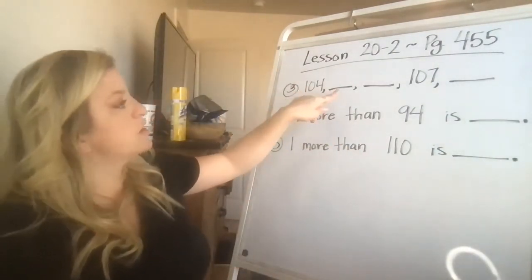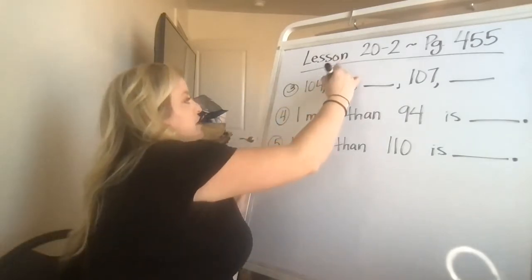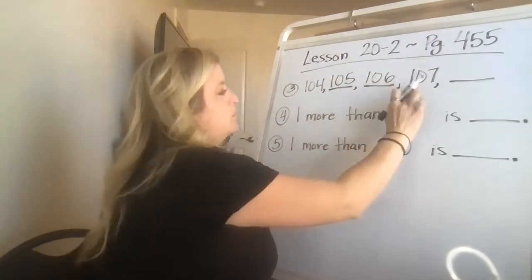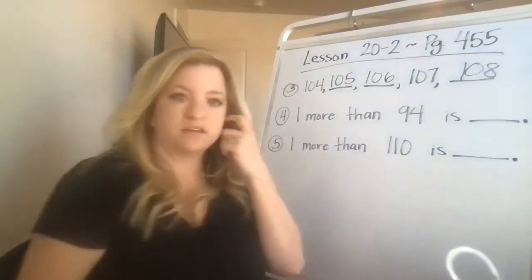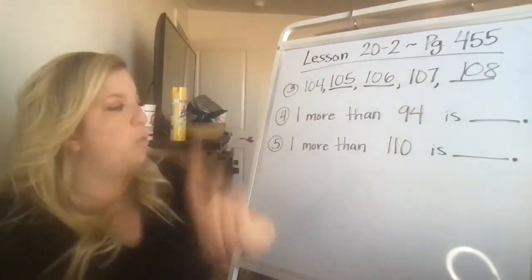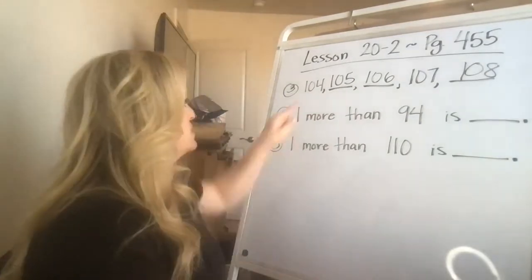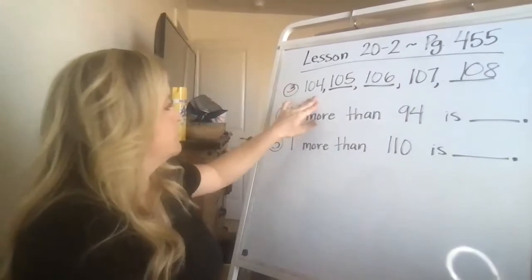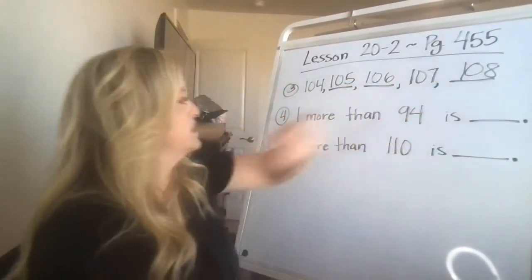Okay, so count by ones. 104, after 4 comes 5. So 104, 105, 106, 107, 108. It's this one digit that's changing because I'm adding 1 every time. So the only place that's changing is the ones place. 4, 5, 6, 7, 8, 104, 105, 106, 107, 108.